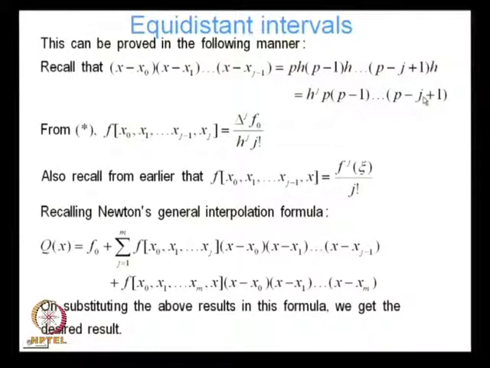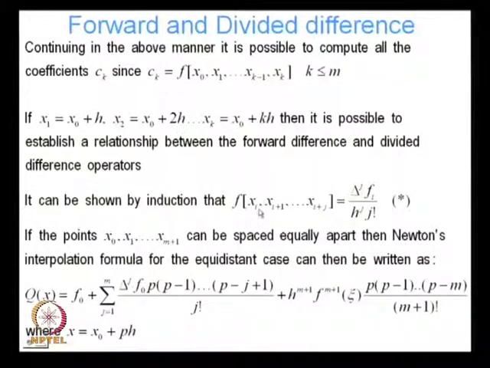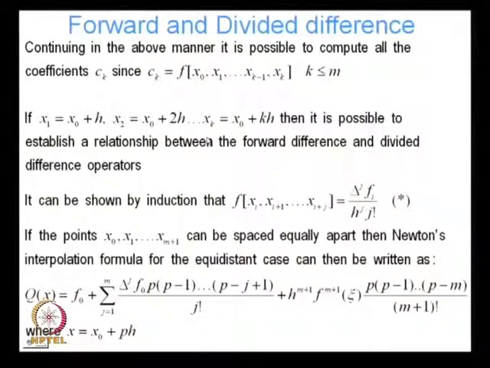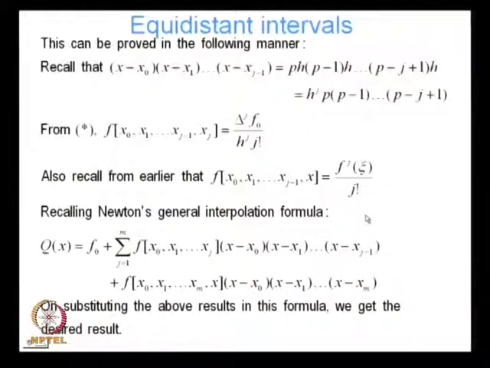And we know that f[x0, x1, ..., xj-1, xj] can be written like this. Since i+1, ..., i+j is that, it is nothing but delta^j f0 times h to the power j by factorial j.